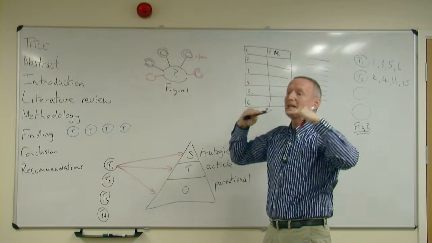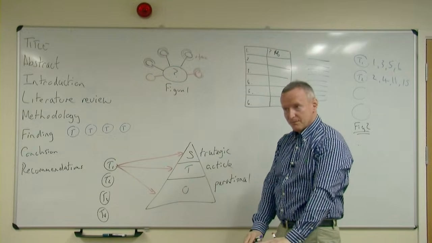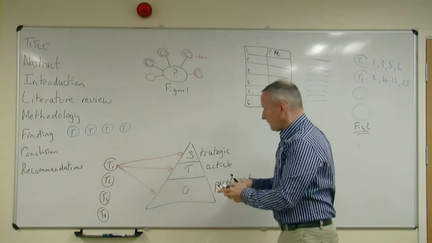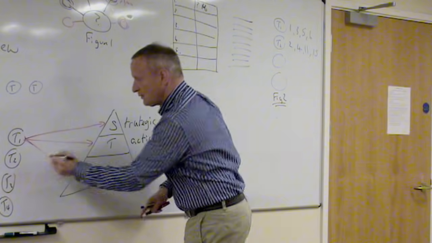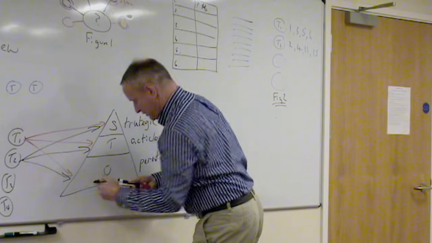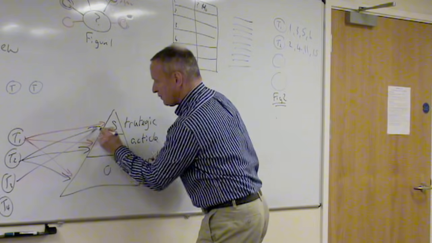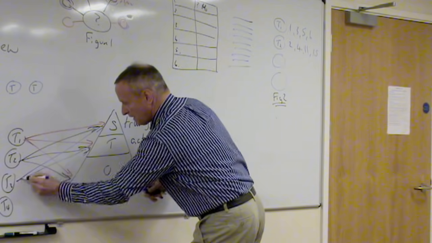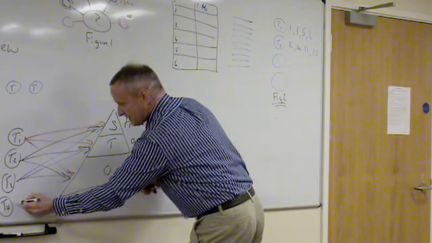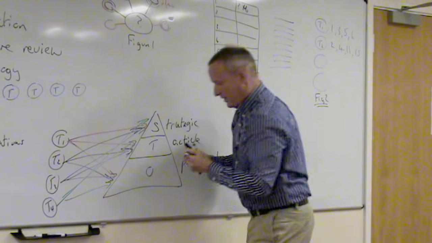You've got to get support from middle management, the tactical, and you've got to get support from the frontline troops interacting on the front line. What are you going to recommend there? Theme 2, what are you going to recommend at the strategic, tactical, operational? Theme 3, what are you going to recommend at the strategic, tactical, operational? And last theme, strategic, tactical, operational.